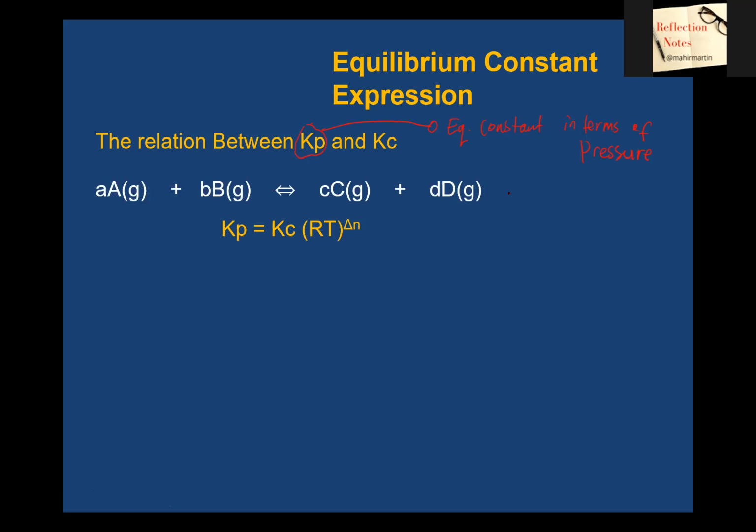And what is the formula for Kp? It is the same like Kc. But the difference is, if Kc is the concentration of product over the concentration of reactant, for Kp we are using the pressure of product with the power coefficient, of course, over the pressure of reactant.